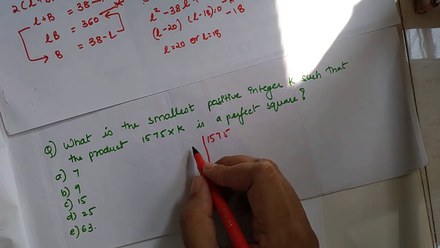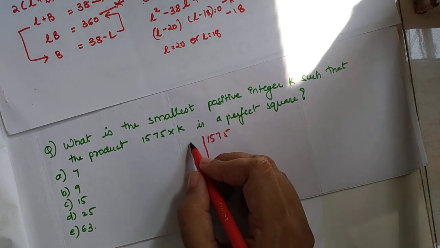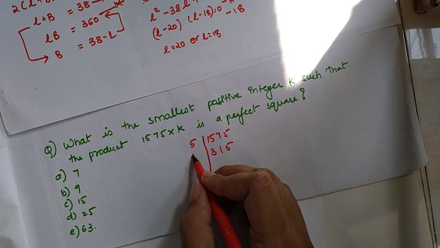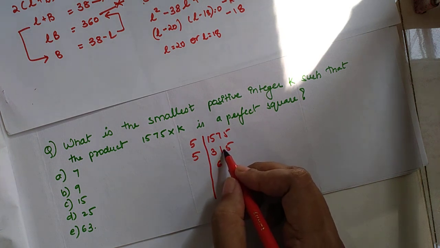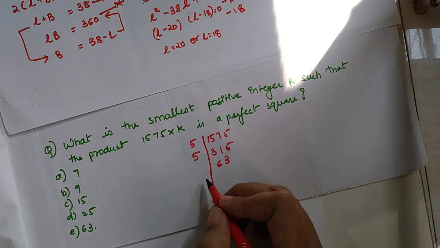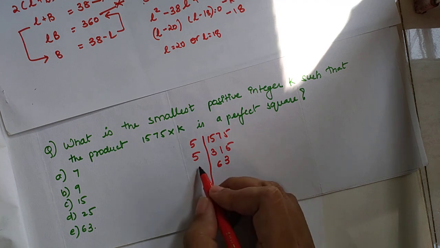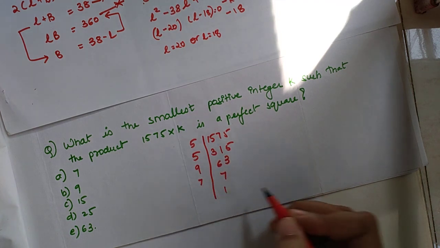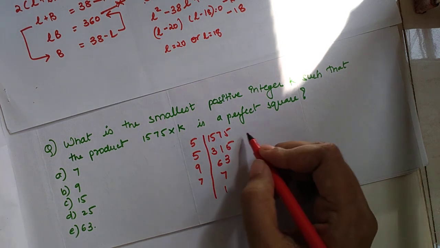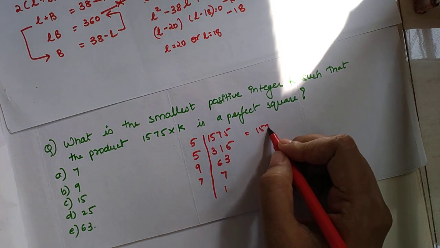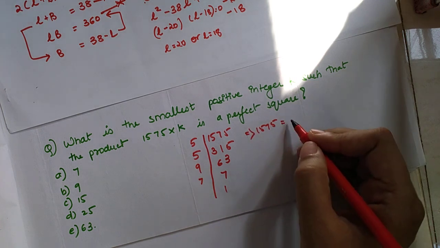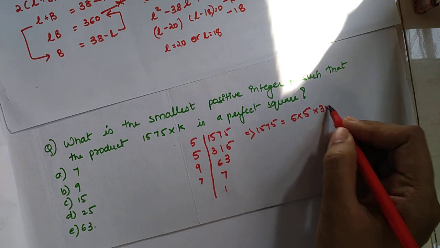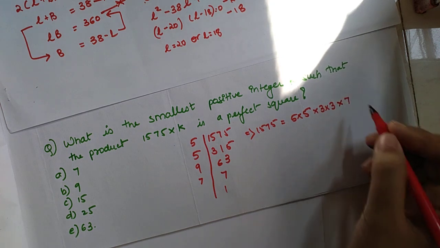Since the last digit is 5, we'll try by 5 only. So 315, again we can try by 5, 63, and can I say 3. So now I know that 63 goes in 9, so I am left with 7, and then 7 is a prime number, so I'm just left with 1. So here I can write 1575 as nothing but the product of 5 into 5, 9 can be written as 3 into 3, and then just 1 7.